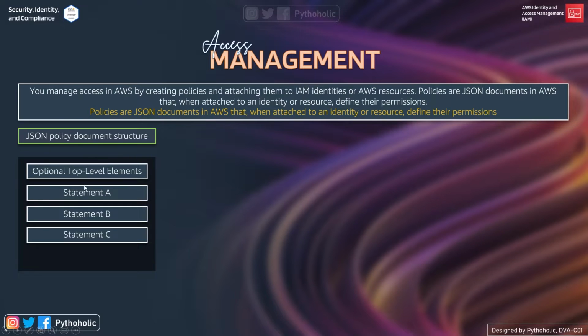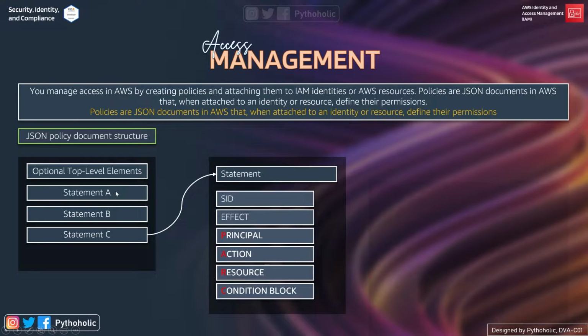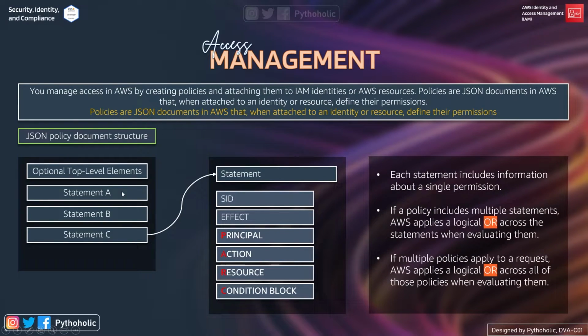Let's check this statement by expanding it. Each statement's information is contained within a series of elements like SID, that is statement ID, effect, principal, action, resource, and condition block, which is also called the PARC model. You have the principal, the action, the resource, and the condition block.